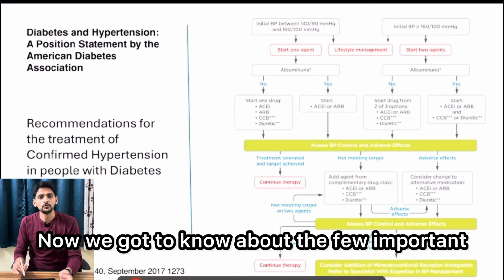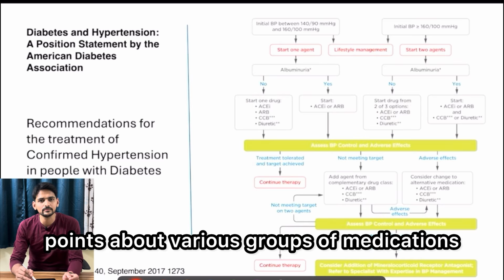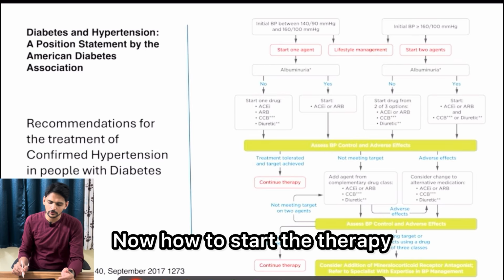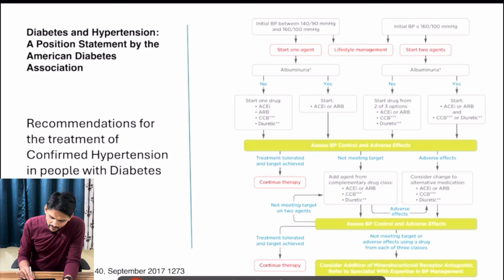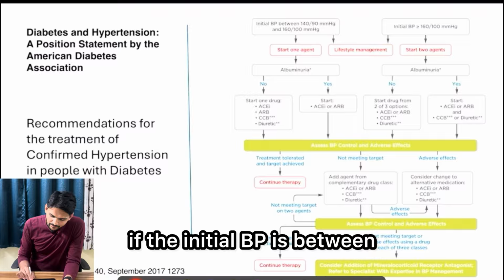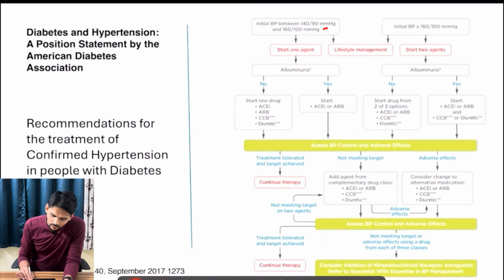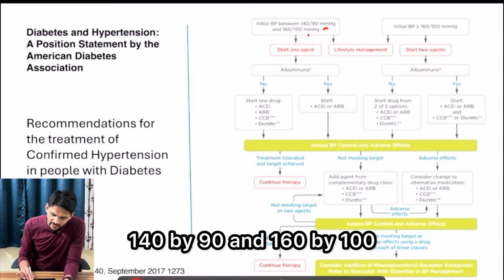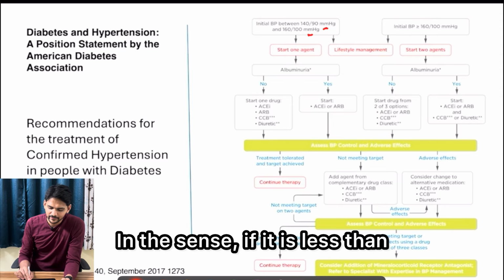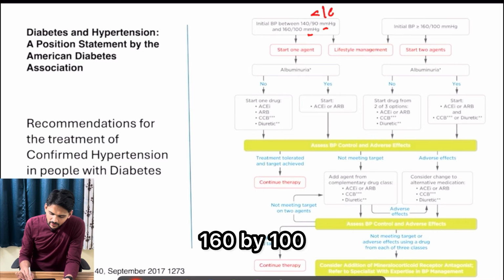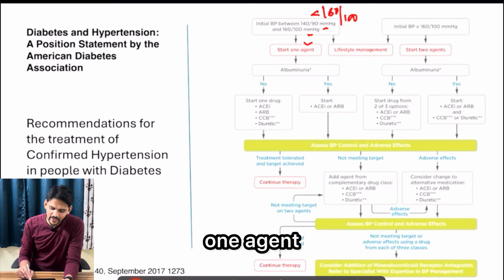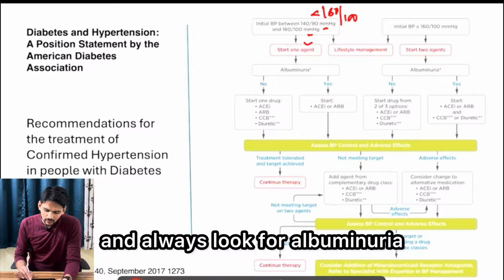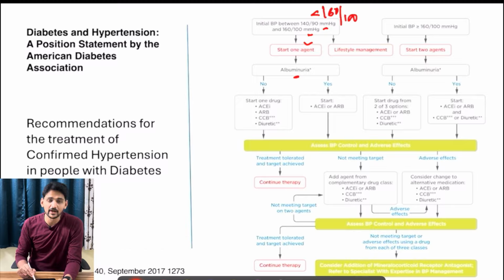Now we got to know a few important points about various groups of medications. Now, how to start the therapy? In this flowchart we can clearly see that if the initial BP is between 140/90 and 160/100, in the sense that it is less than 160/100, we can start with one agent and always look for albuminuria.